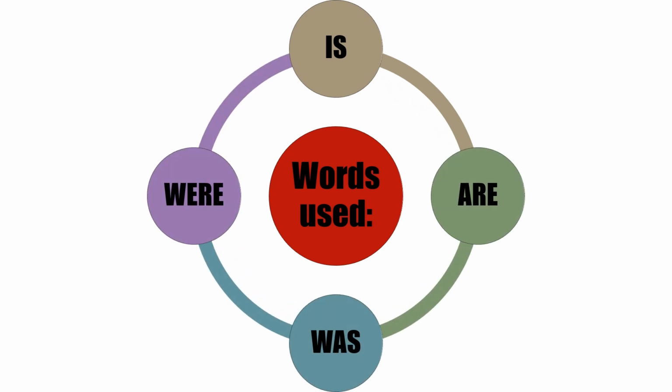She is an angel, right? The use of the word is indicates that the girl or woman is being compared to an angel based on her behavior of being kind and good-hearted, right?